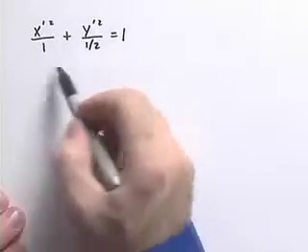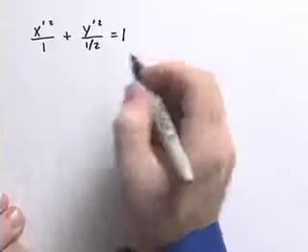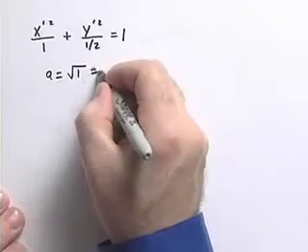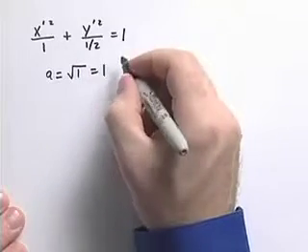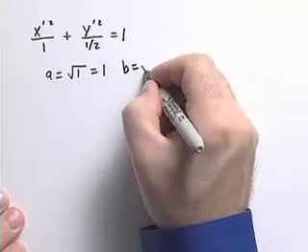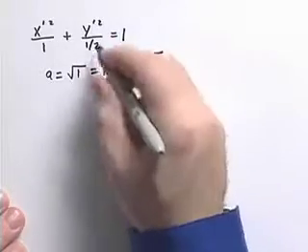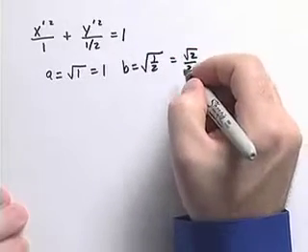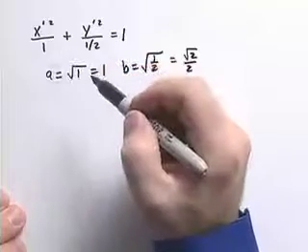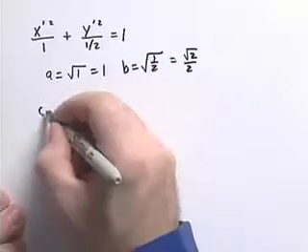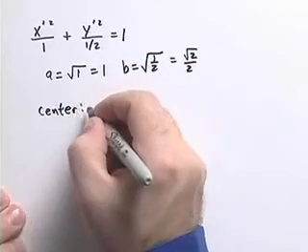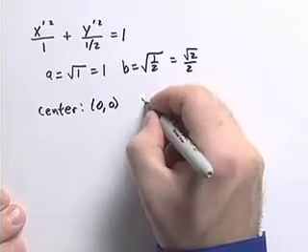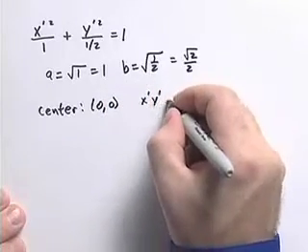We've just rewritten our equation. In this form, we can see that a is equal to the square root of 1, which is 1. b is equal to the square root of 1/2, which will give us the square root of 2 over 2. This is the equation of an ellipse with the center at 0, 0 in the x prime, y prime plane.